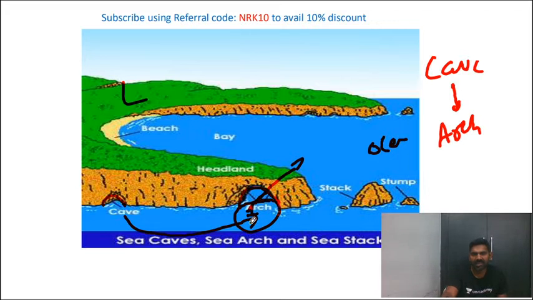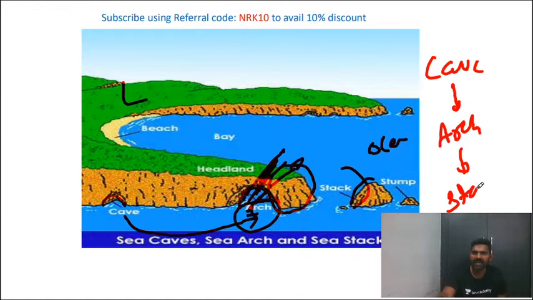Now again the water is coming and hitting. Now what happened? It broke this complete rock away from that rock. Now what is remaining is called a stack. So the arch again converted into something called a stack.